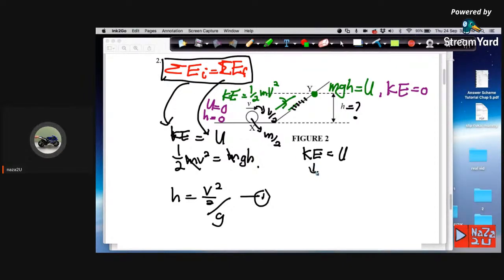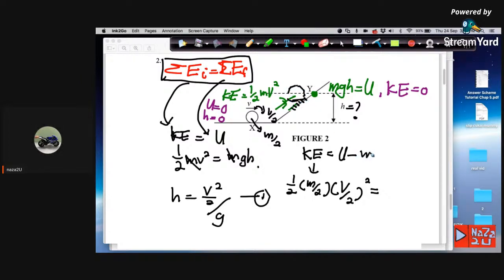So kinetic energy here is a half, tapi jisim dia sudah menjadi separuh. Half means we have m/2 and v also half, squared. And bila dia naik ke atas, katakanlah kat sini dia ada potential energy. Katakanlah dia berhenti.